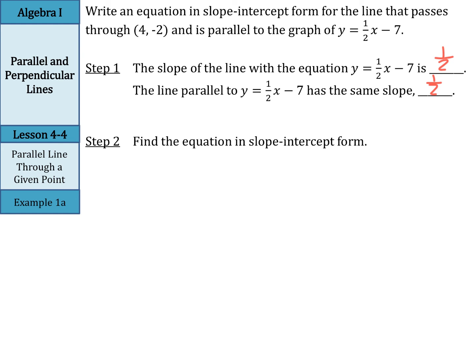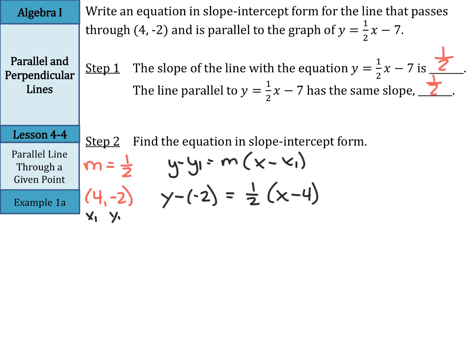To find the equation in slope-intercept form, we need to first write it in point-slope form. We have our slope of 1/2 and our point (4, -2), and we'll put it into the point-slope form. So we make our substitutions: the -2 for y1, the 1/2 for m, and the 4 for x1.